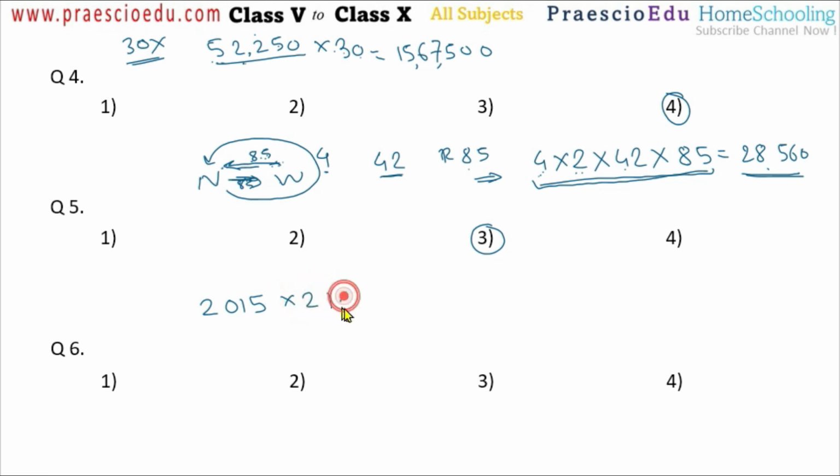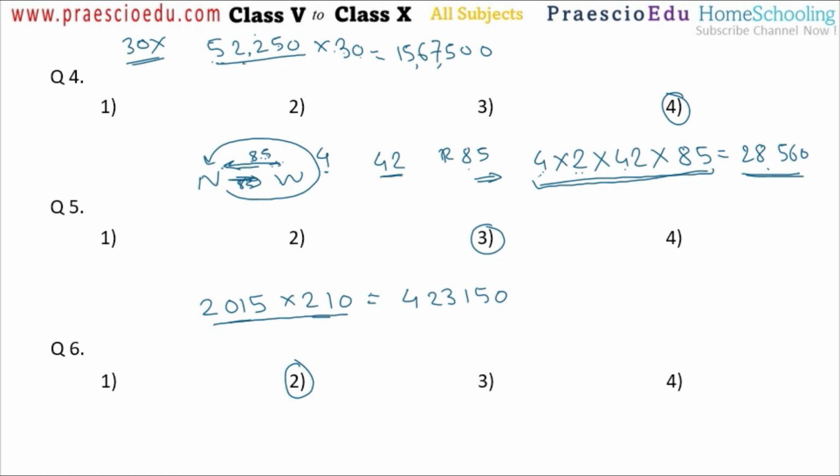So these are the number of rows and these are the saplings in each row. We have to find out the total planted, so these two we have to multiply. After this multiplication we will get 4,23,150, and this is given in option number 2. This is very simple, we just have to multiply.